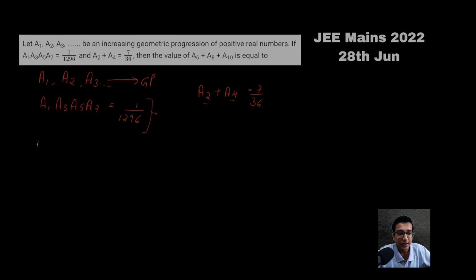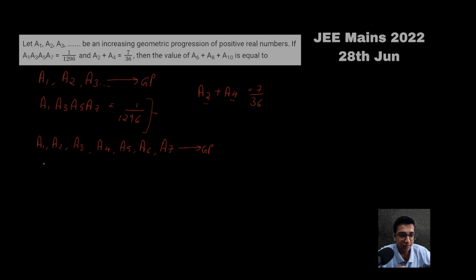If there are, let's say, A1, A2, A3, let's write it till A7, and this is in GP, then I hope you remember that the product of terms equidistant from the beginning and end are equal.